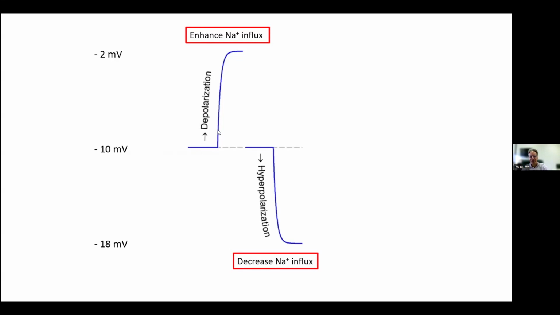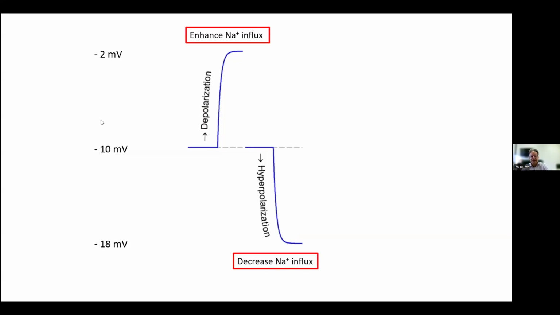You depolarize that voltage and make it less negative. On the other hand, the converse would be giving someone amiloride. When you give someone amiloride and block the sodium entry, you prevent sodium, a positive charge, from going across that membrane, and the membrane becomes more negative inside, and that's called hyperpolarizing it.